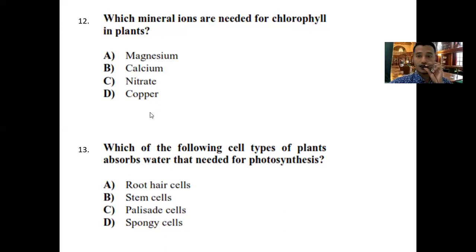Okay, the last question here, number 13, which of the following cell types of plants absorb water needed for photosynthesis? So, most of the plants, even if their habitat is on land or inside a pond, lake or river, their roots are still inside the soil, right?